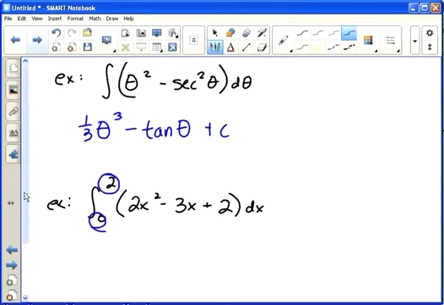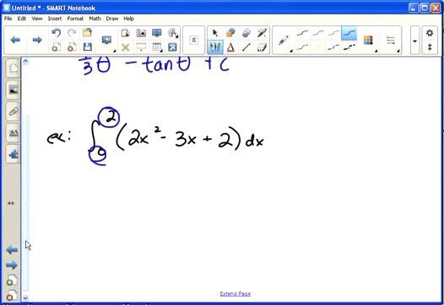You add 1 to the exponent and divide by that number, or do whatever it takes to take the antiderivative. So you get 2/3 x cubed minus 3/2 x squared plus 2x. We do not need plus c for the definite integrals. It's there, but it ends up canceling itself out when you subtract top minus bottom. So there's no reason to put it.